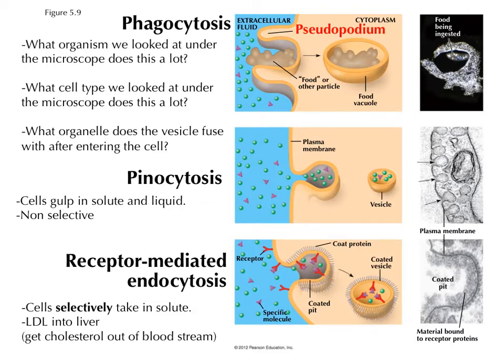Pinocytosis is taking whatever solute is outside, taking it in the inside of the cell in relatively small amounts. So instead of having these extensions, the cell membrane just kind of folds inward and pinches off into these little vesicles that are going to take whatever's out there inside.